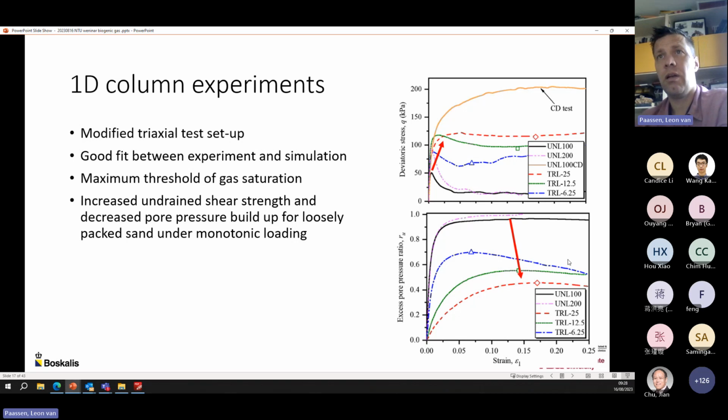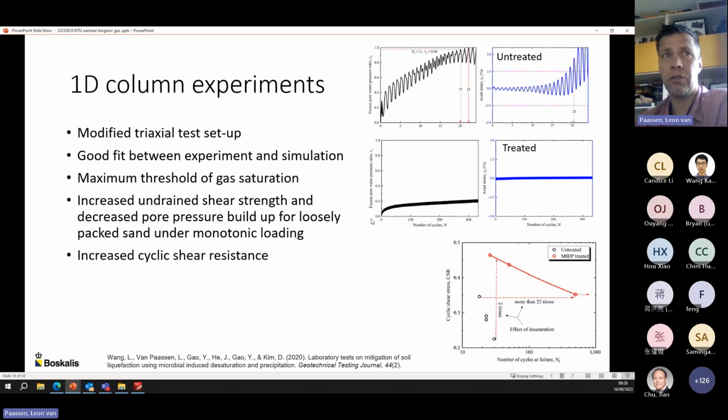We also did some cyclic tests on the desaturated samples, which showed that if you have a fully saturated sample, within 20 cycles you build up pore pressures until you reach almost a pore pressure ratio of 1, which means the pore pressures are equal to the effective stress in the sample.